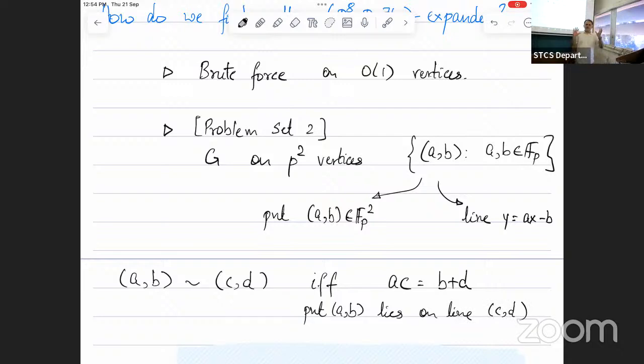That's a different way of interpreting this edge relation. Now notice that every line will contain p points. So if I ask how many vertices am I connected to, you immediately get that this is a p regular graph. It's not p squared, it's p regular.